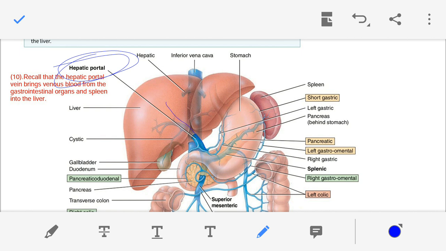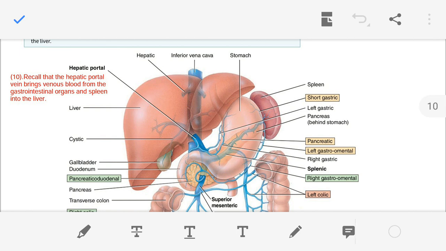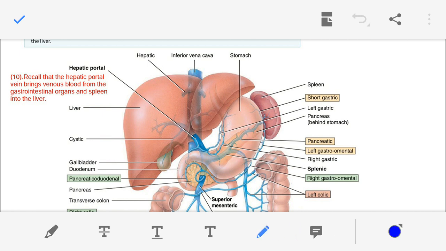The hepatic portal vein enters the liver, and there are many branches of the hepatic portal vein. Two things we need to remember. The digested food material, the nutrients, are now present in the hepatic portal vein, which reaches the liver. Some nutrients will enter into the main circulation of our body.